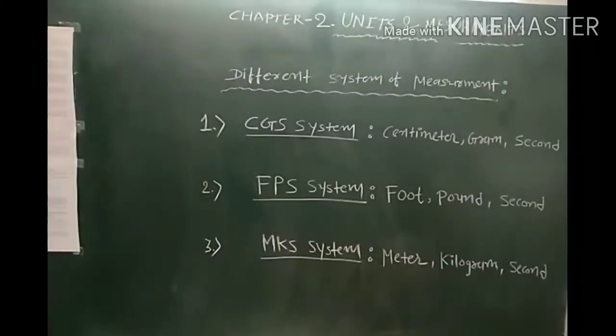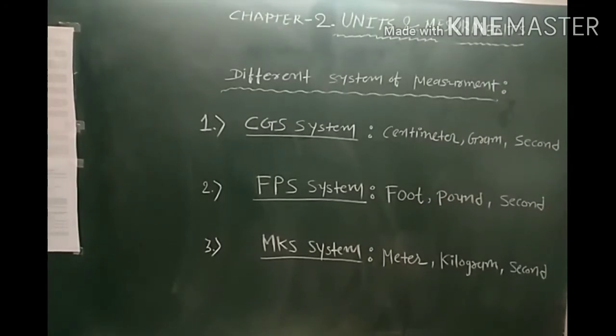Now there used to be different types of measurement systems. For example, in certain countries there was the CGS system, where length is measured in centimeter, mass in gram, and time in second. In some countries like England, the FPS system was popular: length is measured in foot, mass in pound, and time in second.